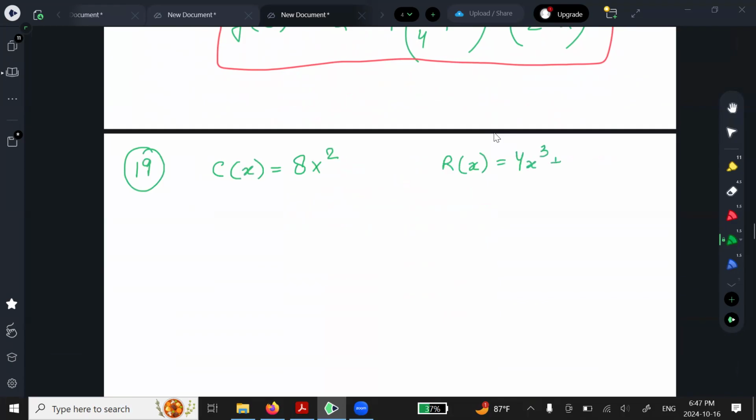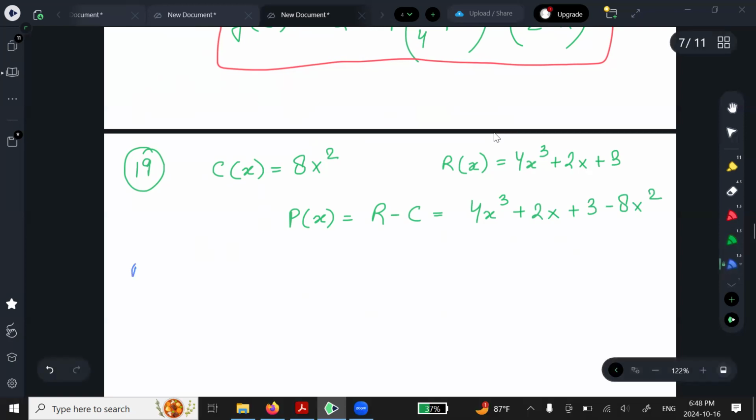Okay, it was the very last page of our lecture notes. What is my profit function? Exactly. So you get 4x cubed plus 2x plus 3. Make sure you put a bracket after the negative sign so you have the right signs in the exam. So what is marginal cost? It's just the derivative. What is marginal revenue?